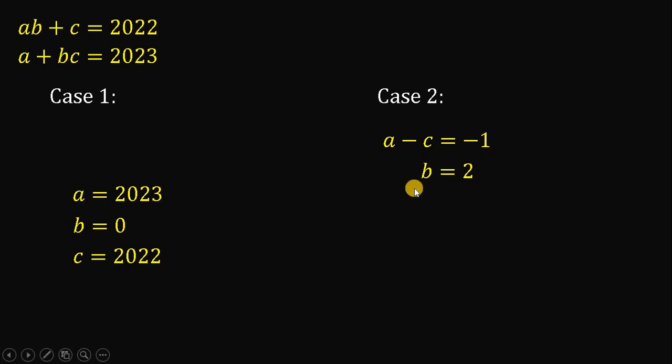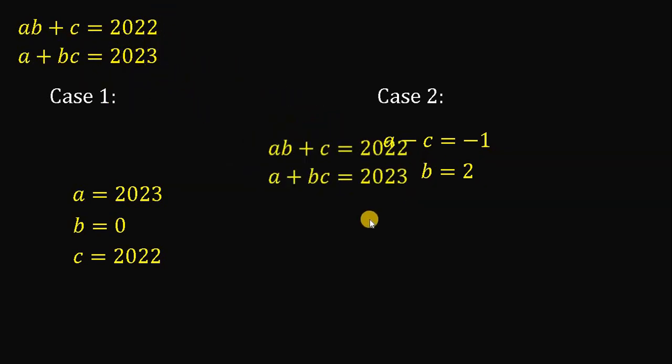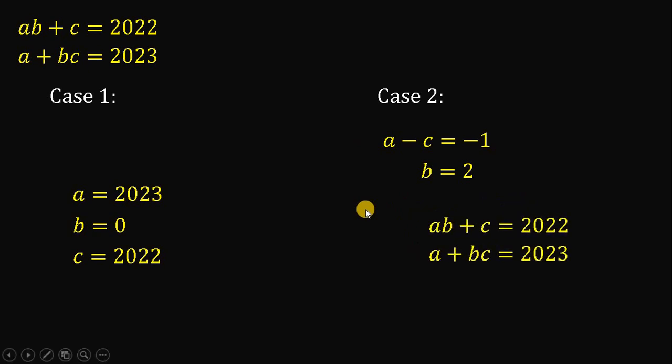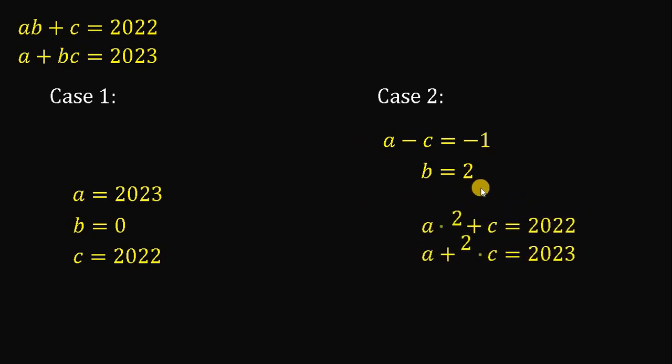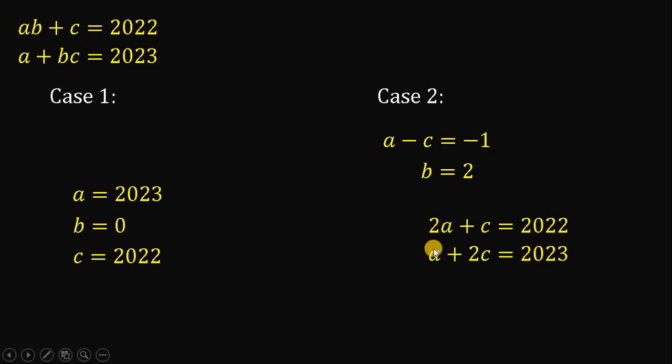Now again, since we know the value of B, we can substitute into these two equations and solve for the values of A and C. Now let's replace all B with 2. Now, let's simplify. The first equation will give us 2A plus C equals 2022, and the second equation will give us A plus 2C equals 2023.